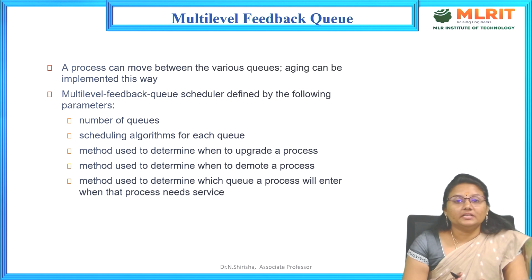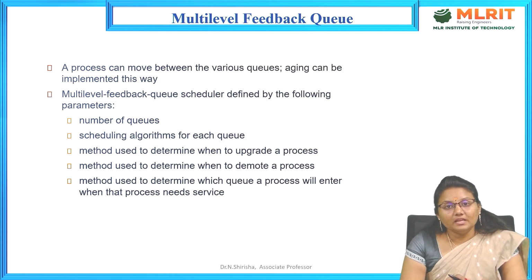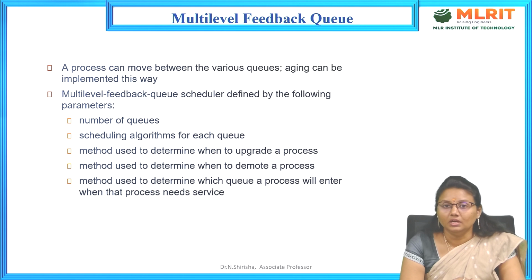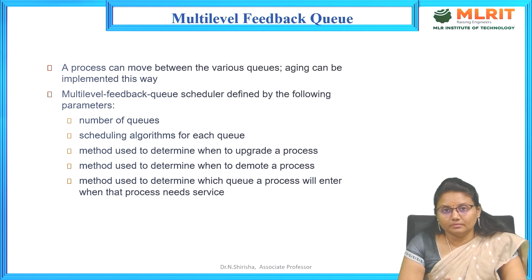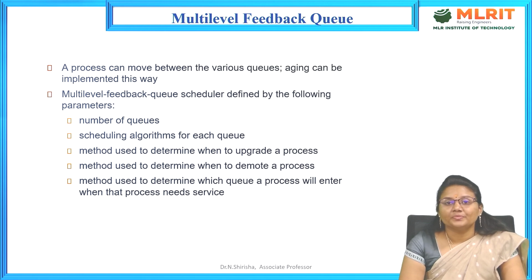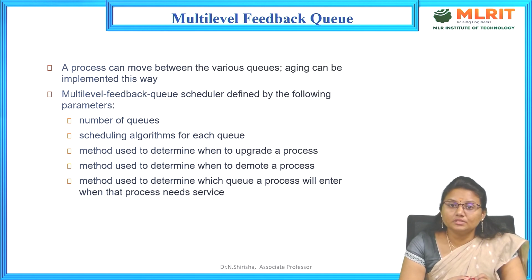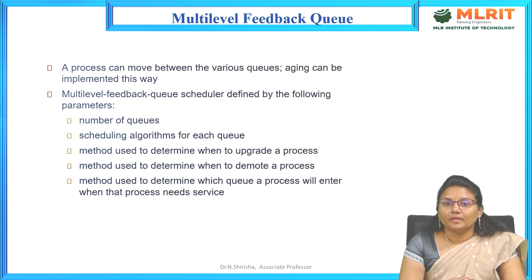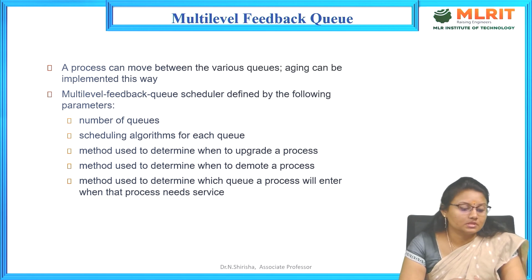Then, what is multi-level feedback queue? In multi-level queuing, as we have seen, there are multiple queues based upon response times and priorities. You are executing two different kinds of processes, using either round robin or FCFS algorithms based on the requirement. 20% importance is given to the batch or student processes, and 80% importance is given to round robin, which you can implement for the interactive processes.